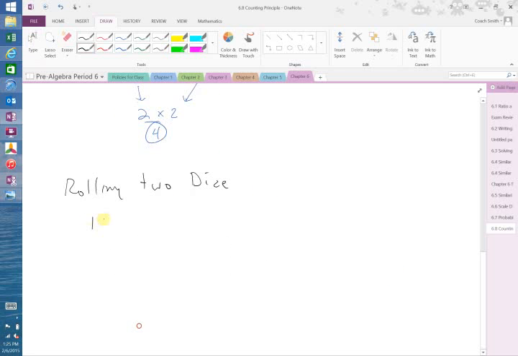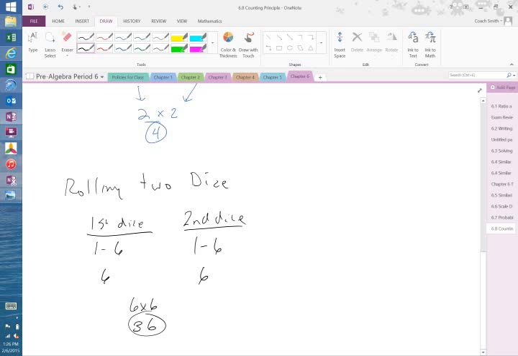Okay, so for the first dice, on a regular dice, how many numbers are there? 6. So it's 1 to 6, so that's 6 numbers. On the second dice, you're going to have the same thing. You're going to have 1 to 6 and 6 numbers. So for the total possible outcomes, you're going to take 6 times 6, which is 36.